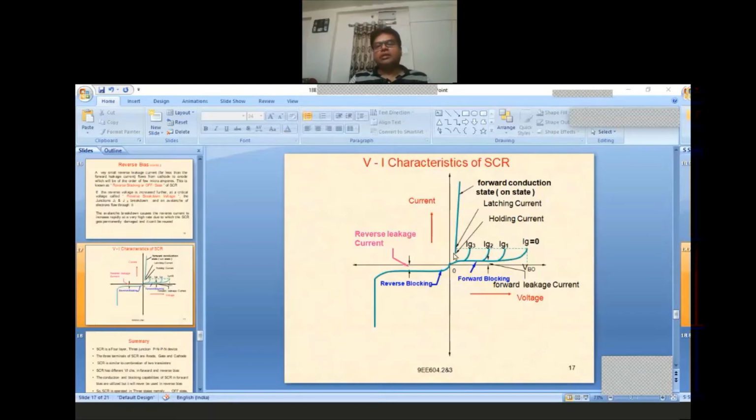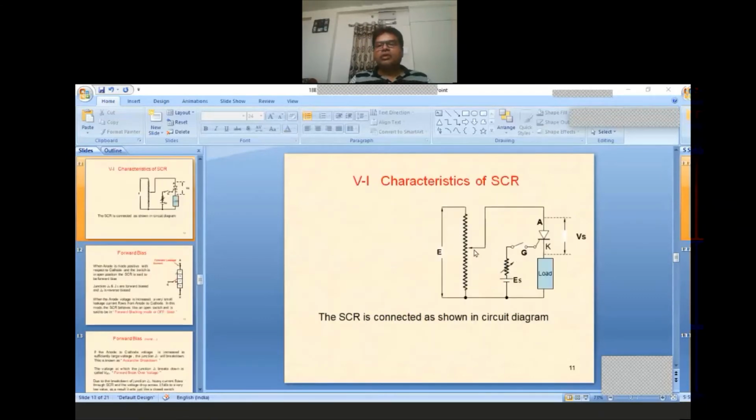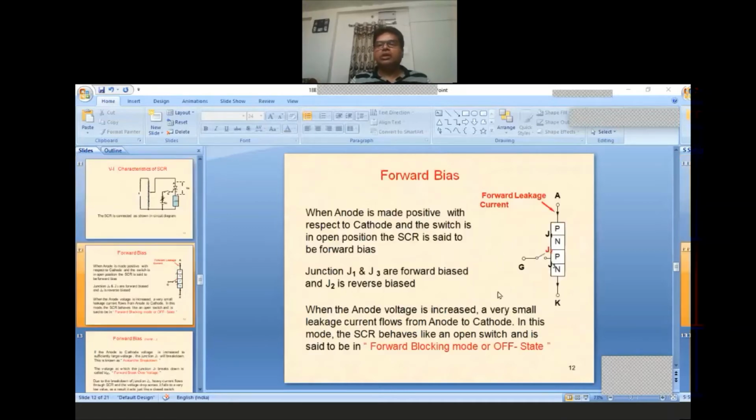That is, from the supply voltage, after deducting the voltage drop across the SCR, the remaining voltage will now be available across the load.